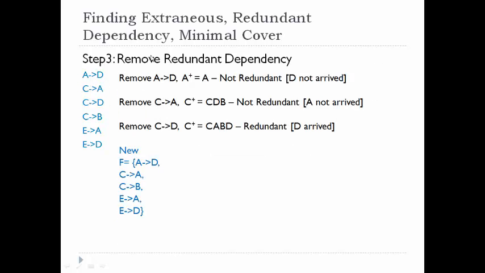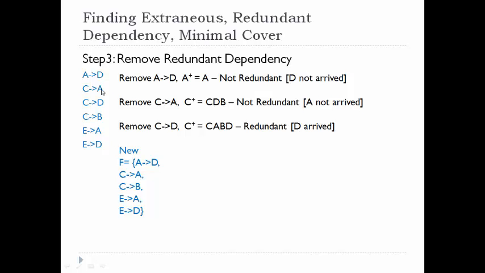Now the third step for finding the minimal cover is to remove all the redundant dependencies. Now as usual, we have to remove each dependency and then we have to keep on finding the attribute closure. So first let us remove this A tends to D and then find attribute closure. If you remove A tends to D, no other dependencies we have which starts with A, so it gives just A. Since D is not arrived, it is not redundant.